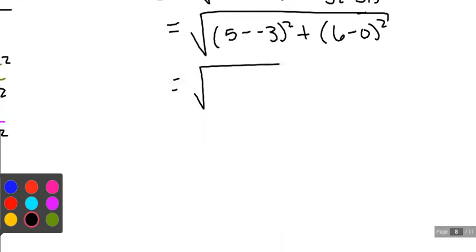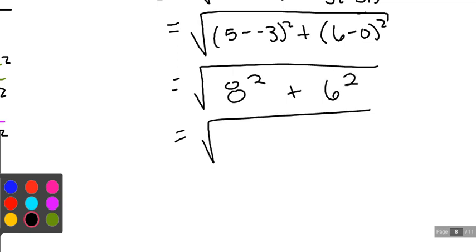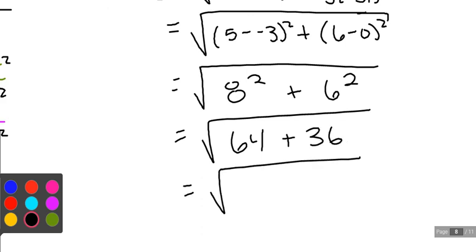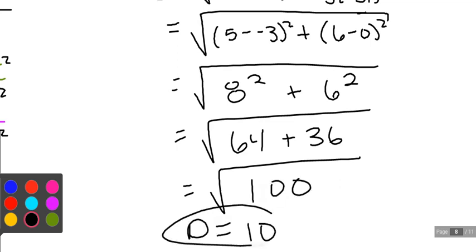And so we'll have 8 squared. 6 minus 0 is 6, and so I'll have 6 squared. 8 squared is 64. 6 squared is 36. So 64 plus 36 would be 100, which means my distance is the square root of 100, or simply 10. That was a weird picture, but the distance here is going to be 10.